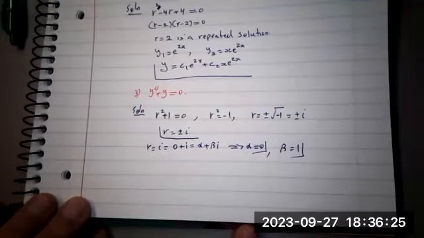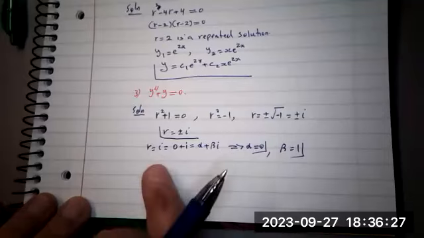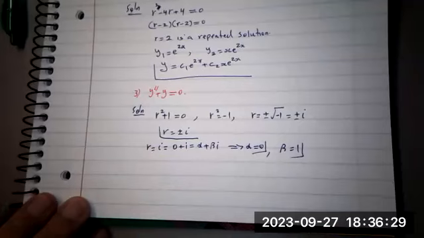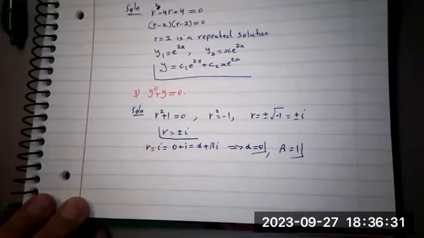There is no real part, so I call it 0, because you have to identify alpha and beta. Yes, this number is pure imaginary. There is no real part.